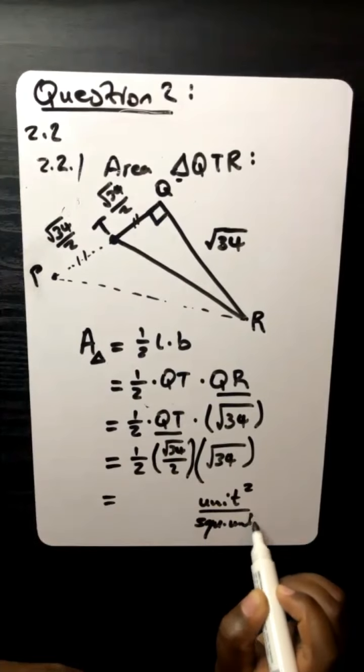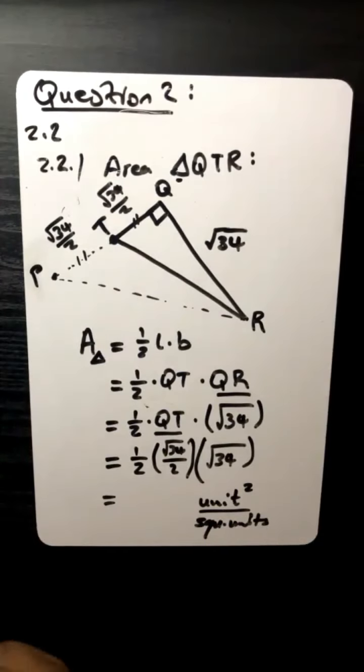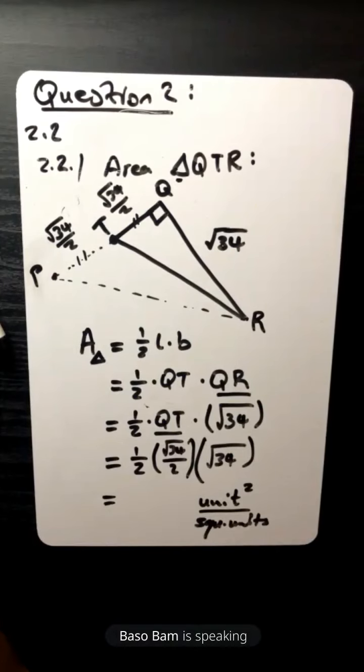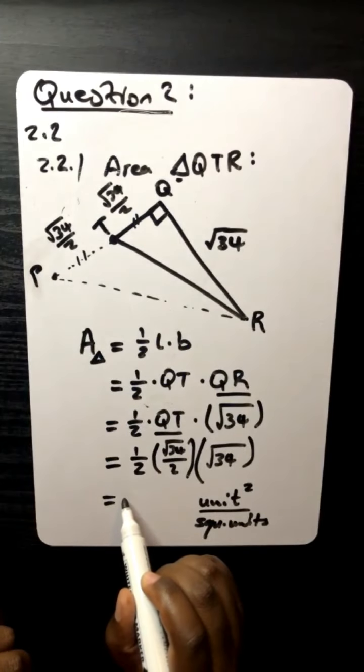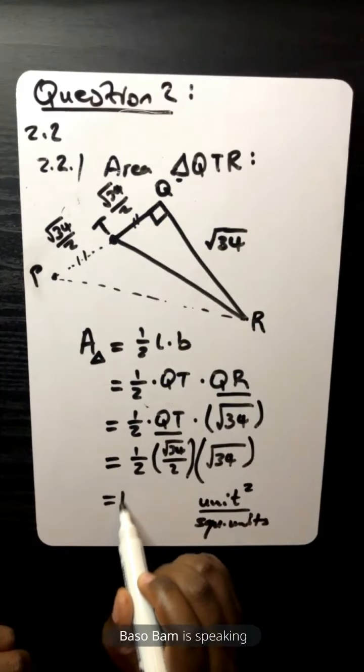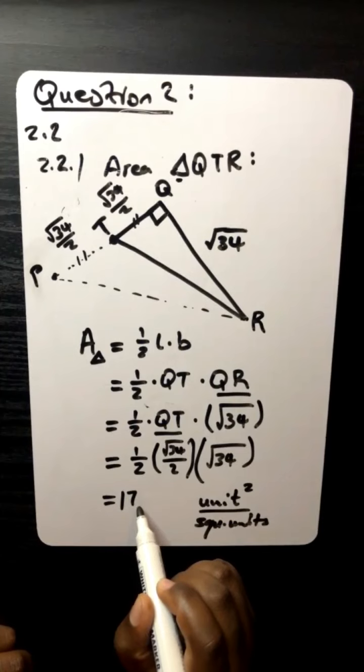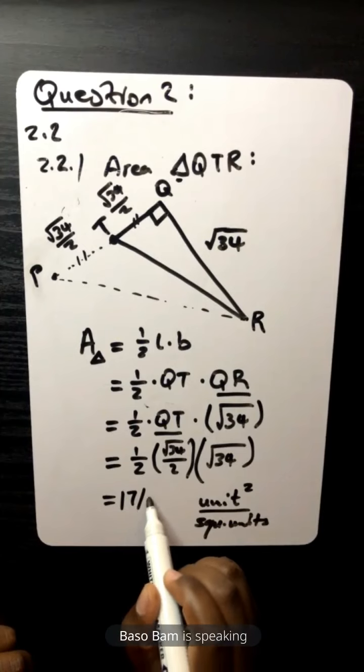So what is the answer, guys? 17 over 2 units squared, sir.